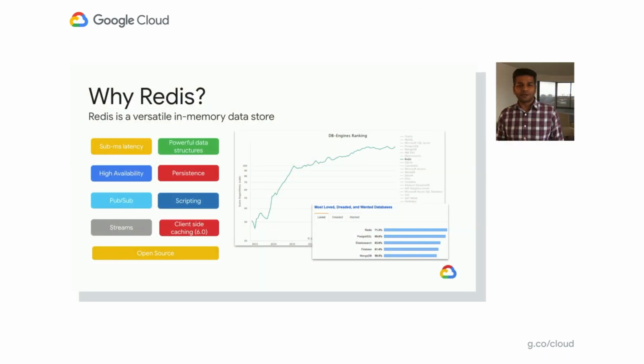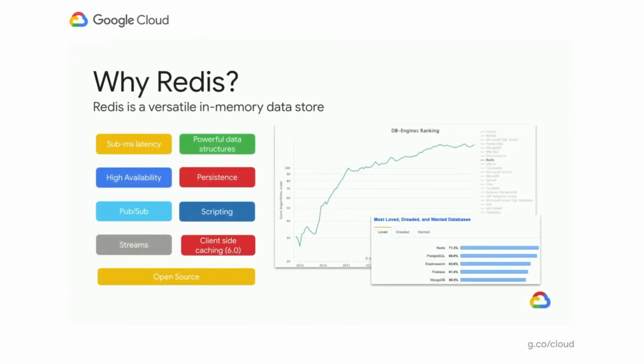So let's take a look at what are some of the popular choices when it comes to in-memory stores. When you look at usage, there's no argument that Redis is the most popular store today. You can argue most applications, regardless of industry or vertical, use or can benefit from Redis.